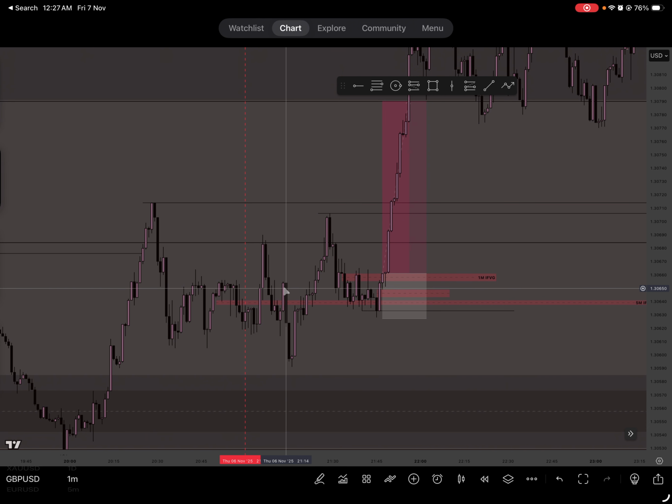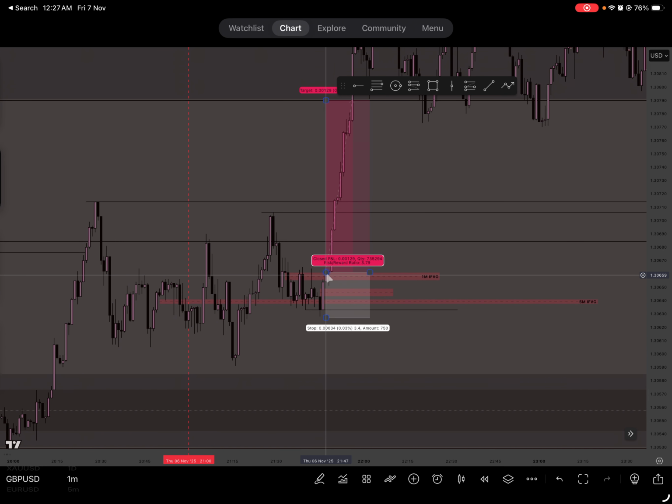Because my confluences are based on displacement, right? And once we get displacement like this, we should continue. Unfortunately, we didn't get that on this trade, but we got that on this trade. So this is a perfect example of my kind of strategy, right?